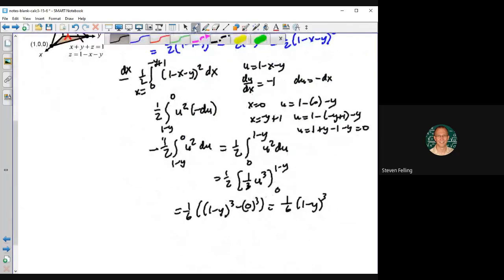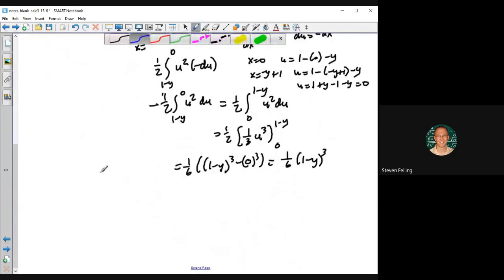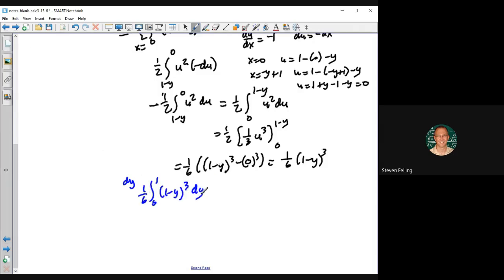So I'll switch back to blue. So the dy integral is from 0 to 1 of the result, so 1/6 times 1 minus y cubed dy. This is also going to require u substitution. I mean, it's just negative, but just to be clear, I'll go ahead and do that. So u is 1 minus y, therefore du dy is -1, so du is negative dy.